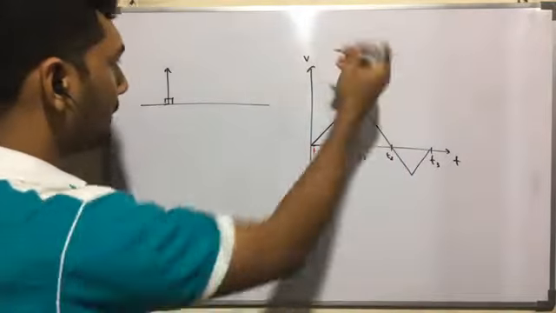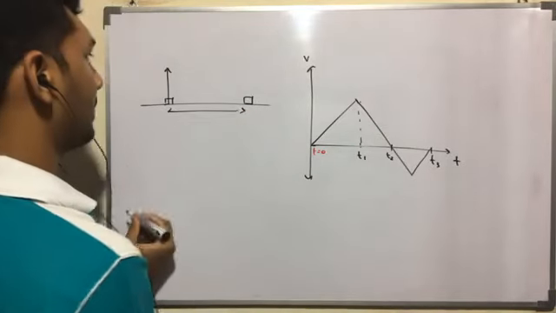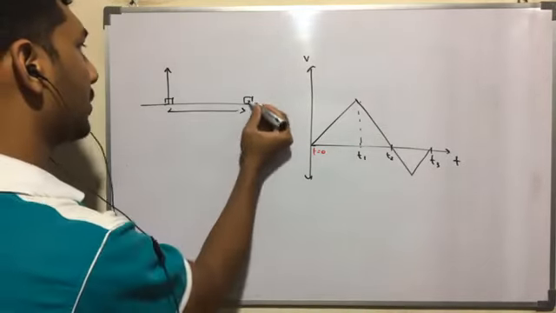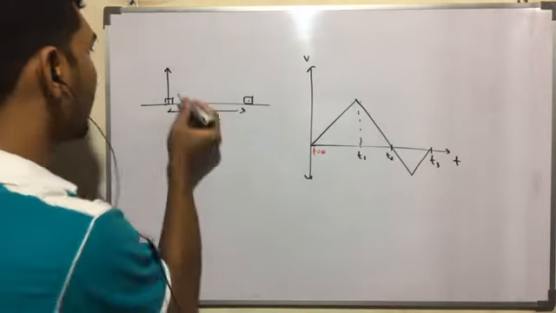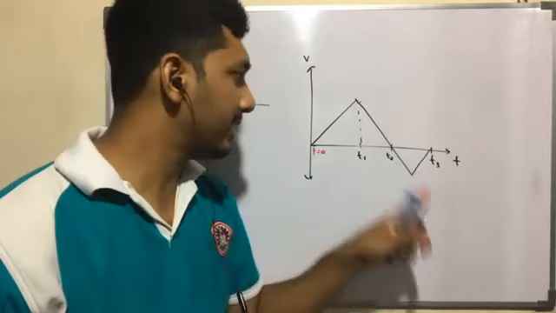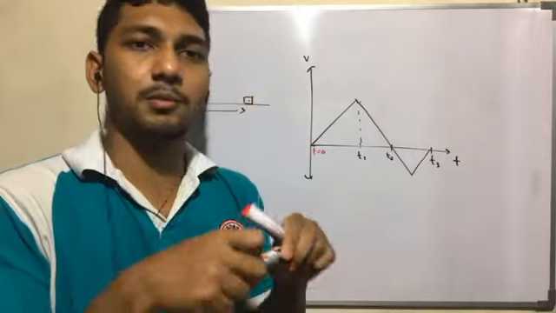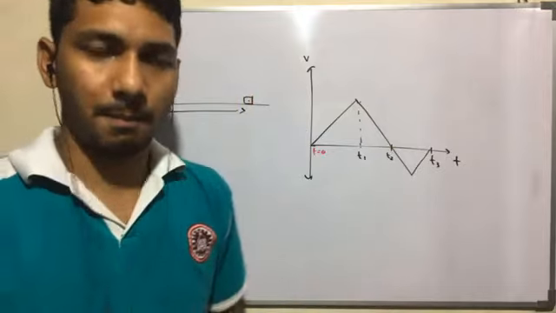If you go everywhere and finally come here, then there will be a displacement. So its position is not the initial position. The initial position means the displacement is 0. So you have to see whether the displacement is 0 here. So how do you see the displacement in a VT graph?